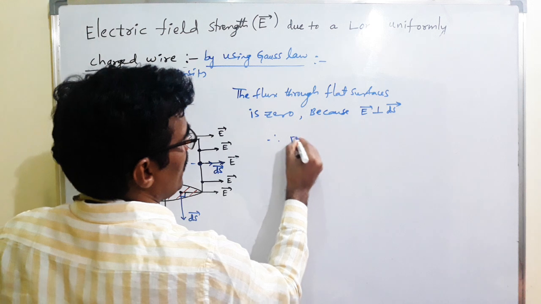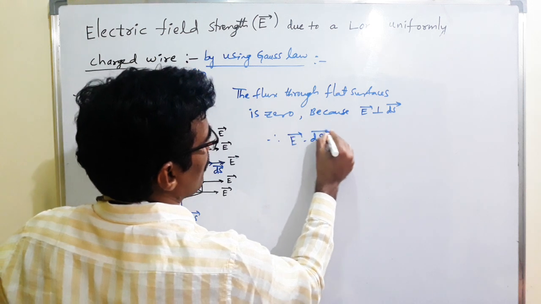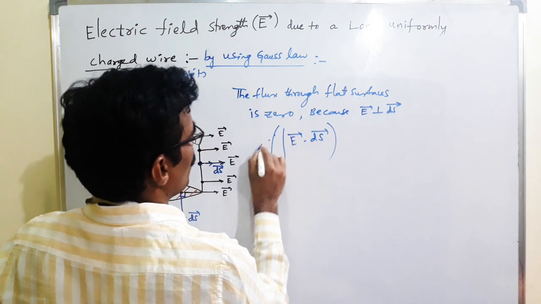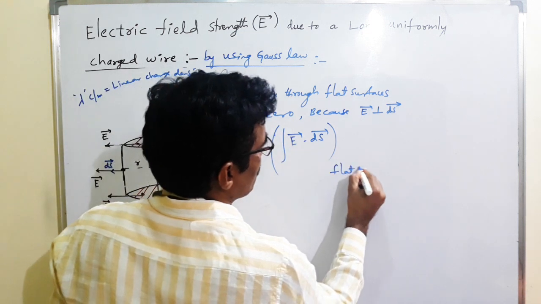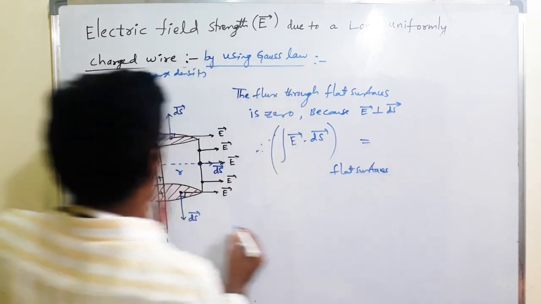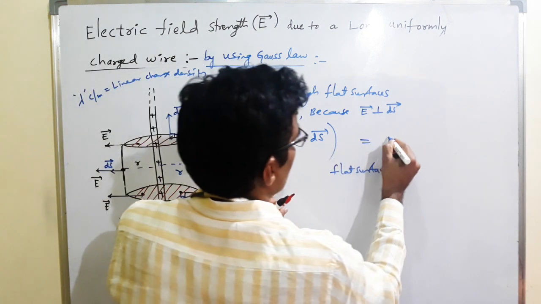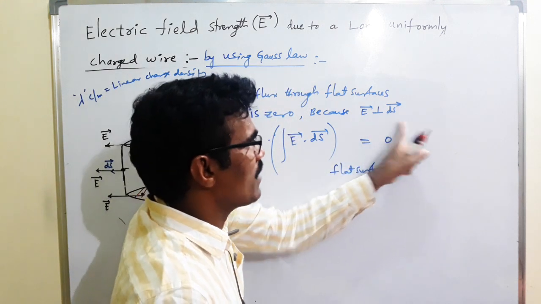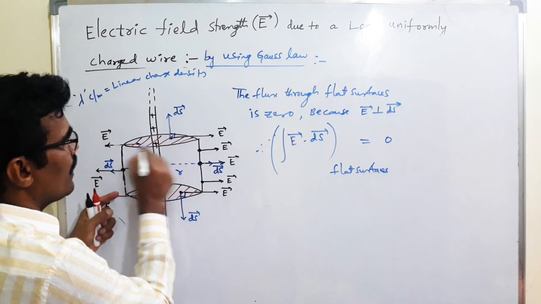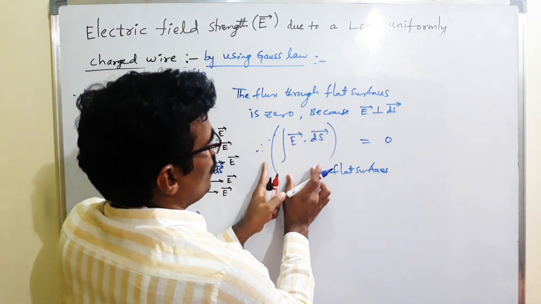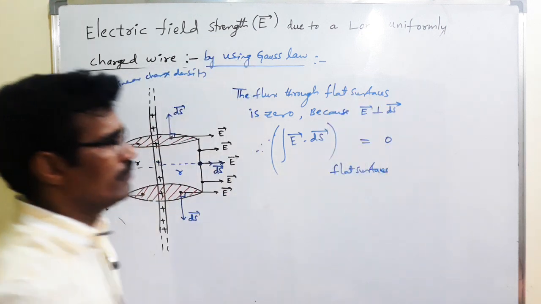Therefore the integration of E bar dot ds bar through all flat surfaces, two flat surfaces, this and this, is 0. E bar and ds bar are perpendicular at the flat surfaces. That's why the flux through flat surfaces is 0.